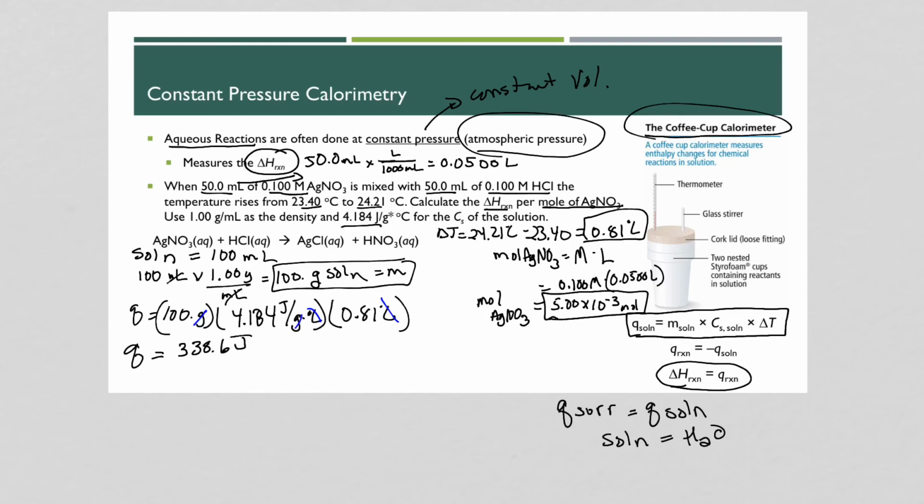So this is my Q of solution. Now, if we remember, the Q of reaction equals the negative Q of solution. So that means the Q of reaction equals negative 338.6 joules.